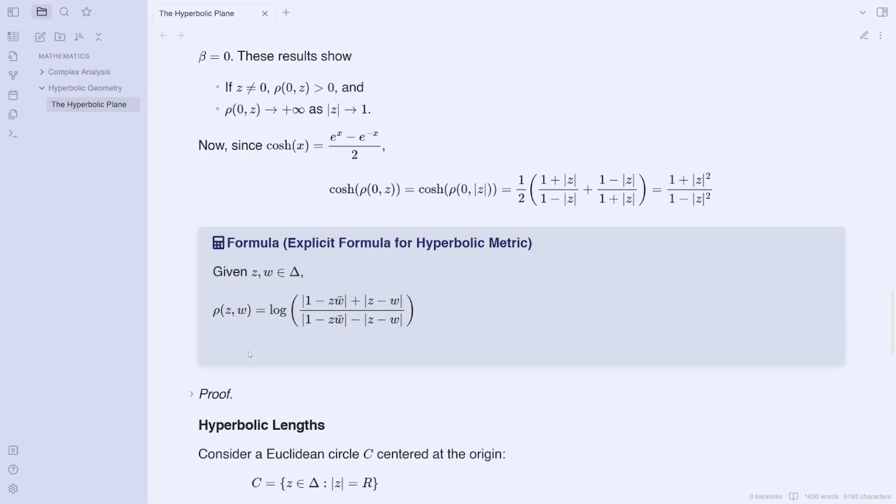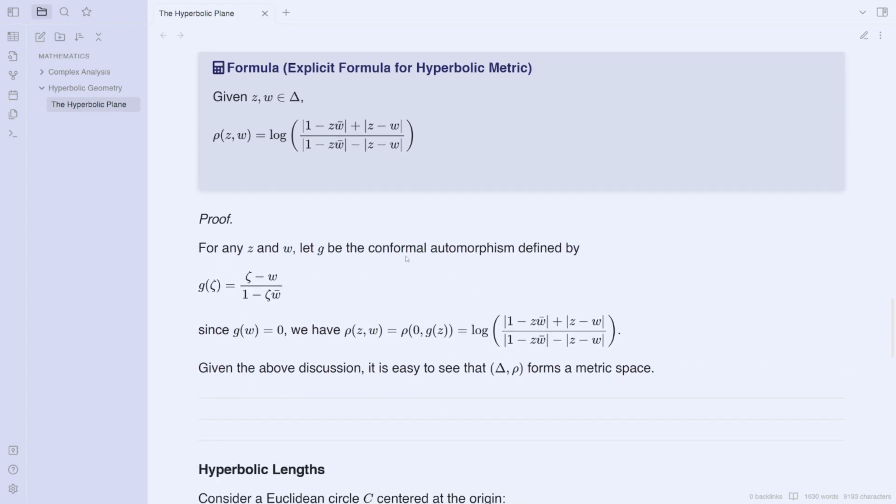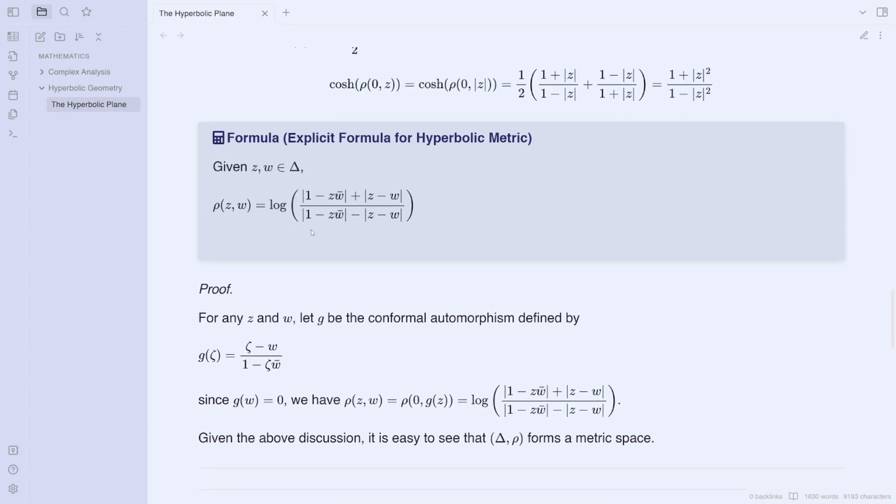And it's given here. How do we do this? We just get a conformal automorphism that swaps w with the origin. And this is fine since my distance map rho is preserved. The distance is preserved under conformal automorphisms.